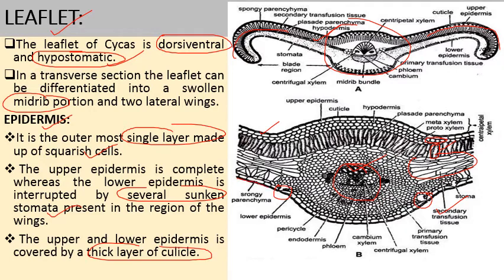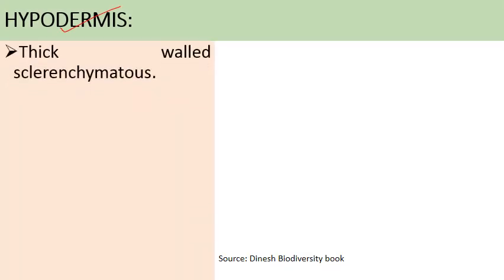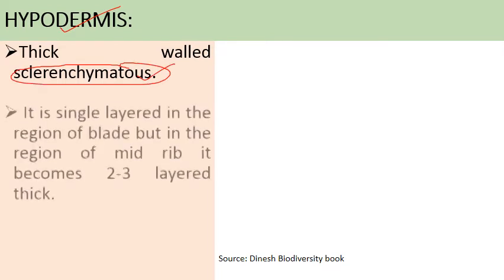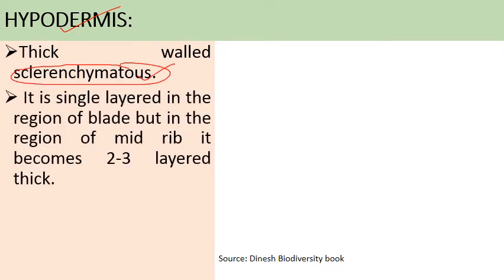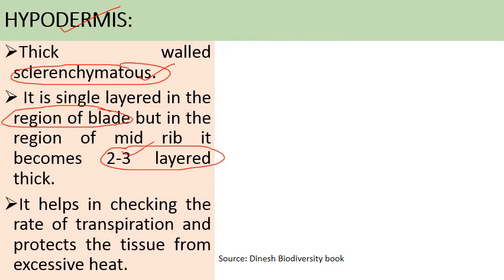Both epidermis layers have a covering outside, that is the cuticle. Next comes hypodermis. It is followed by epidermis, and it is thick walled, made up of sclerenchymatous cells. It is single layered in the region of blade, the wings region, but in the middle region or midrib region, it is 2 to 3 layered thick, and it helps in checking the rate of transpiration and protects the tissue from excessive heat.